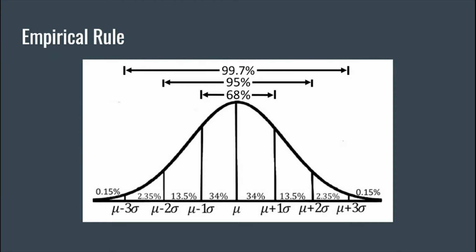In the introductory, you get to see what this means in the beginning because you're being introduced to it. When your instructor says within so many standard deviations, they mean that many standard deviations above and below the mean.